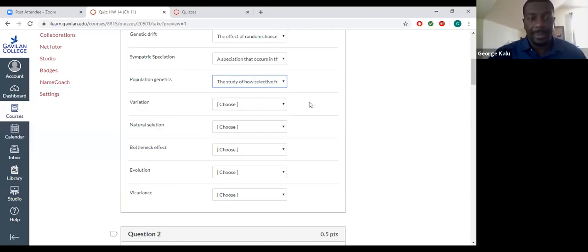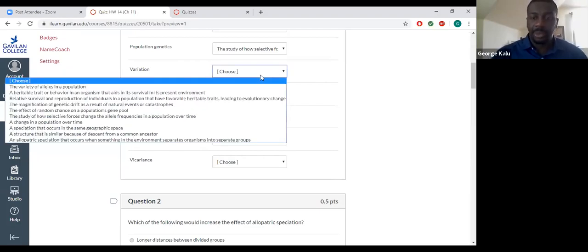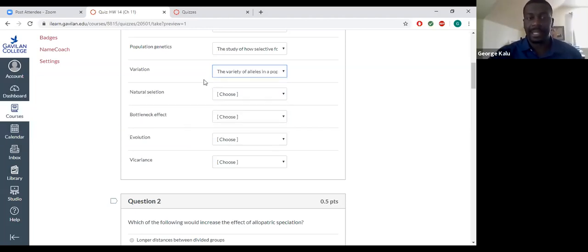Perfect. All right, good. So next one is variation. Okay. So what is variation? Yeah, so this is going to be the variety of alleles in a population, right?